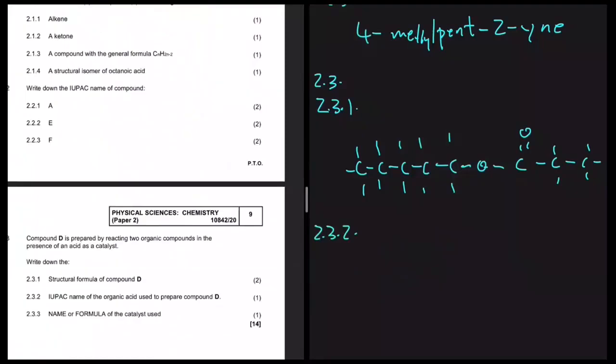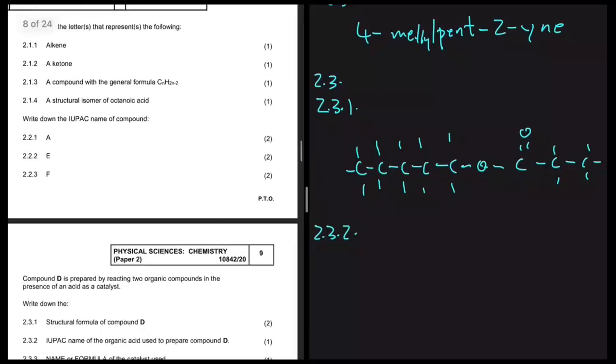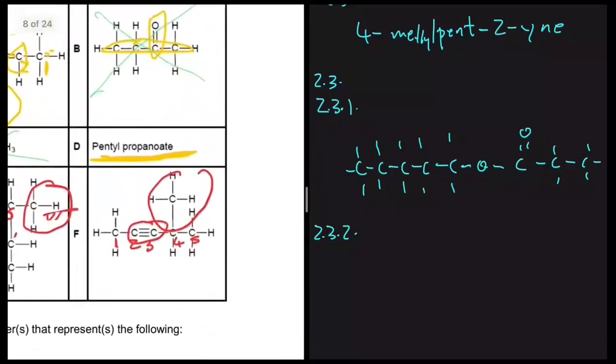2.3.2. 2.3.2 says the IUPAC name of the organic acid used to prepare compound D. Yeah, we went through it, right? I say that the last part comes from the acid and the first part comes from the alcohol. It is saying prop, so we know that the acid that was used there should be propanoic acid, right? So 2.3.2, the answer is propanoic acid.